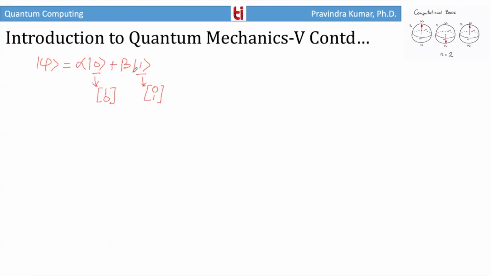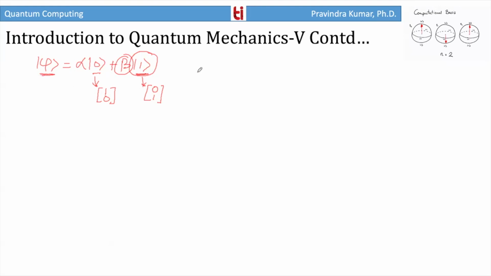Now the probability amplitude of finding the system in state 1 after making the measurement of psi is beta, and this can be calculated by taking the inner product of quantum basis 1 and quantum system psi.